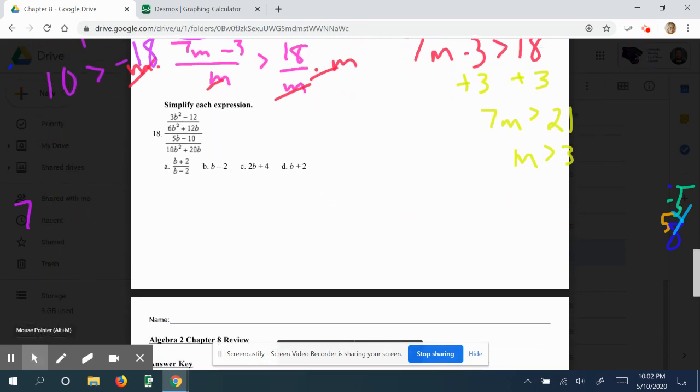Okay, number 18. Looks really scary, okay? But we said that the best way to take care of all of these problems is to factor them all out into their factors. And so we're going to do that, and I'm going to do it a little bit quickly.